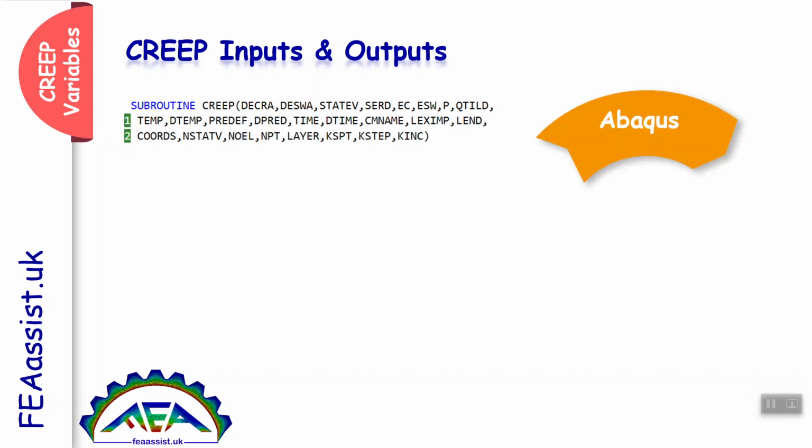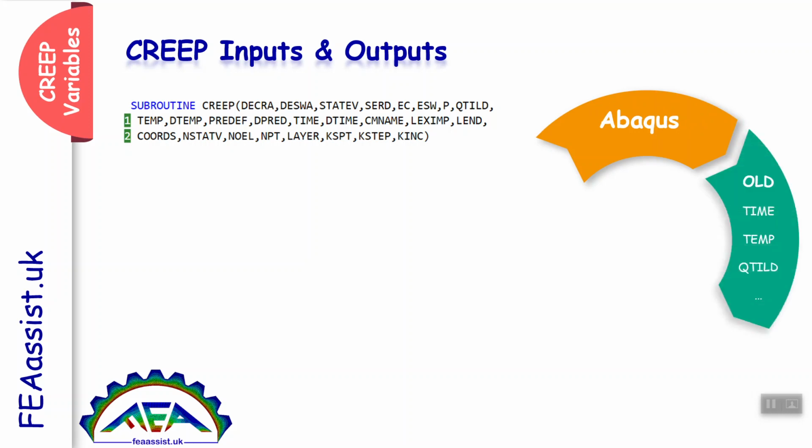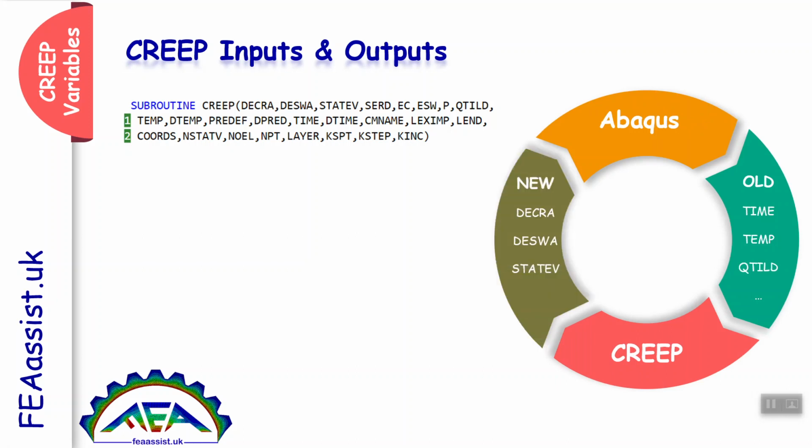Indeed, Abaqus computes the creep variables and transfers the variables, which are time, temperature, and deviatoric stress, into the creep subroutine. In creep, we need to define the creep strains or swelling strains and the state variables, and return them back to Abaqus.